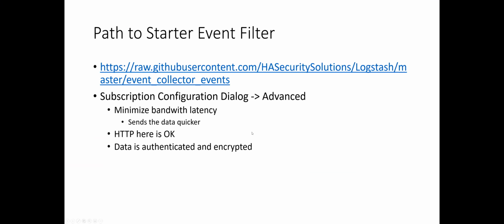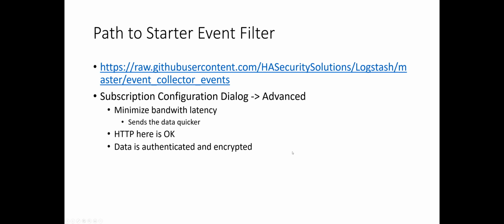And this is something about the subscription configuration dialog, advanced. If you want to minimize bandwidth latency, it will send the data quickly. Another thing is that it's going to use HTTP or HTTPS. You can select HTTP because the actual payload of the packets is encrypted already, so HTTPS would be double encryption.